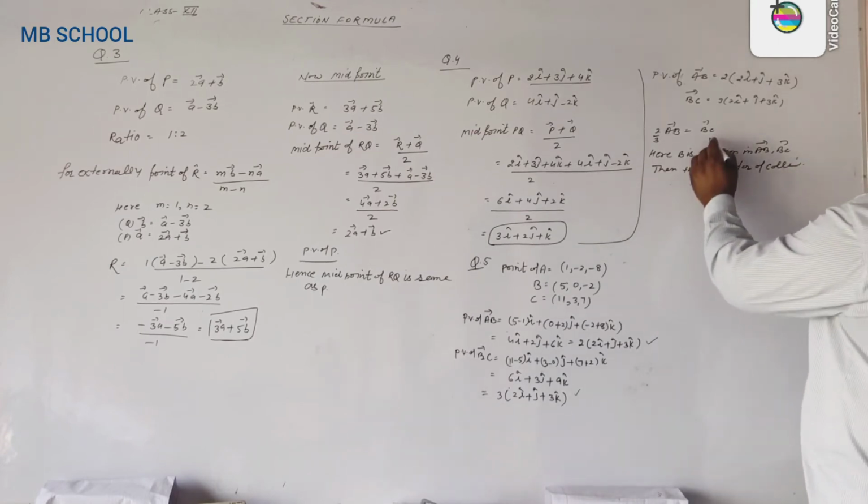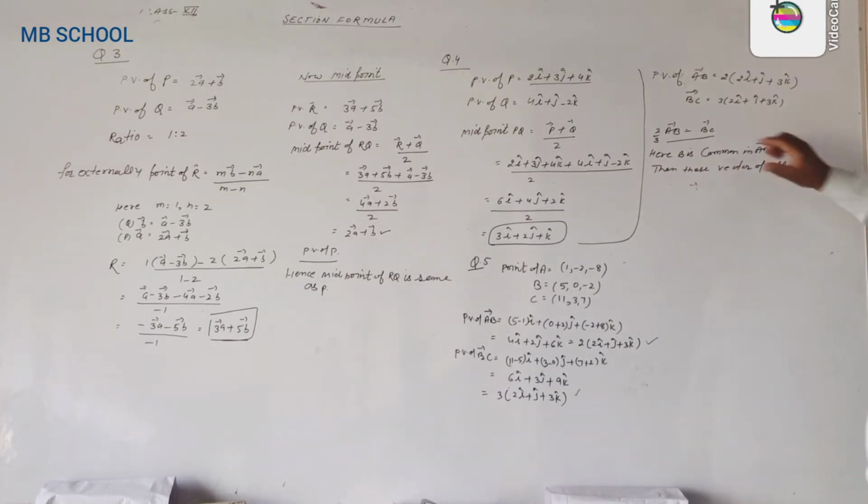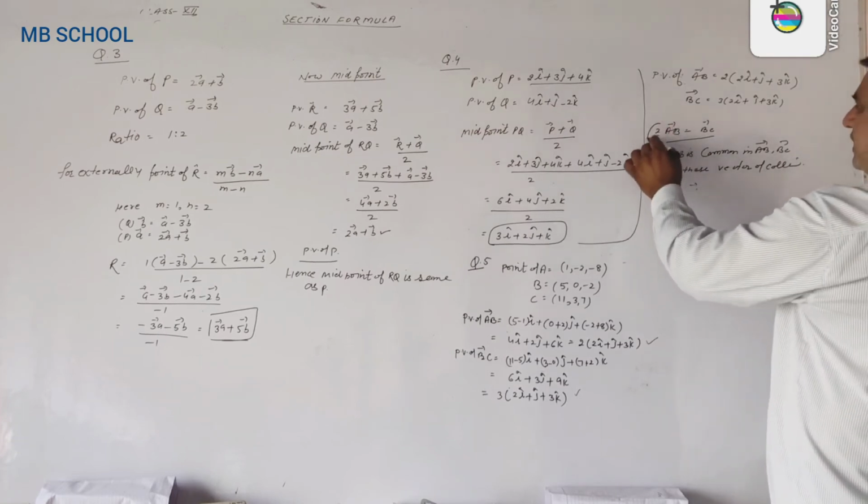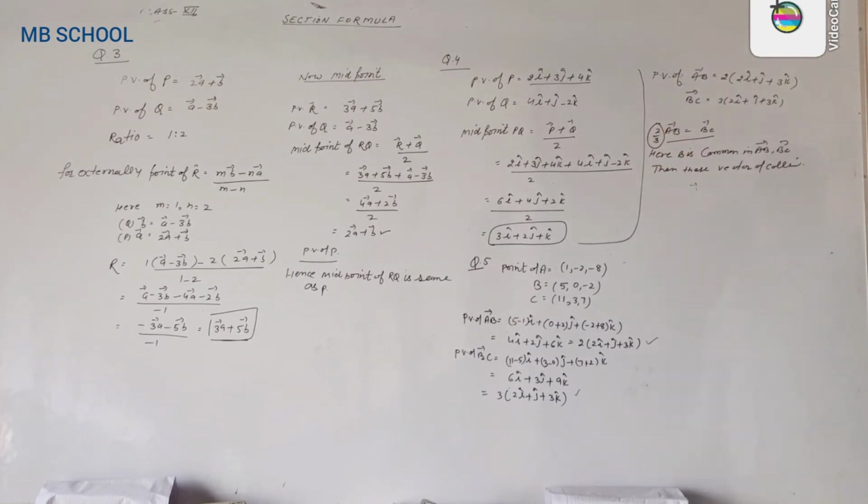These collinear vectors are scalar multiples, with 2 by 3 as the scalar, and B is the common point, so these points are collinear. If the point is not common, then these are just parallel vectors.